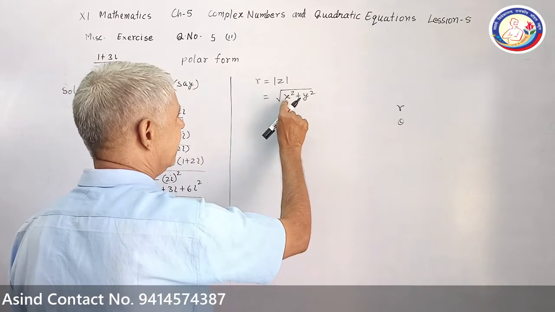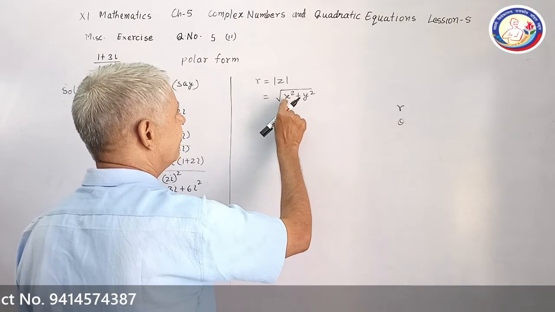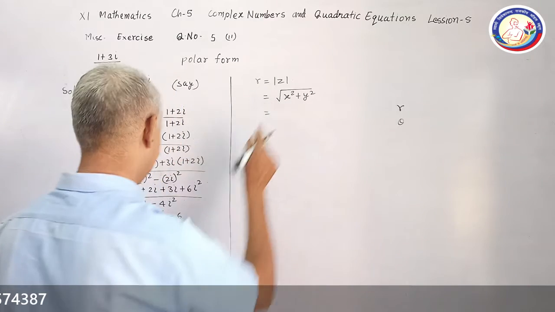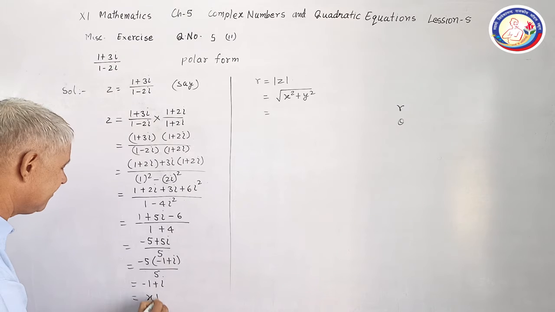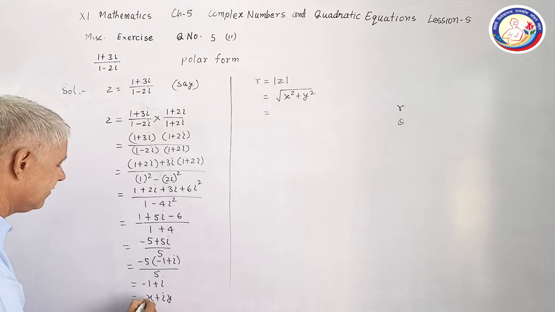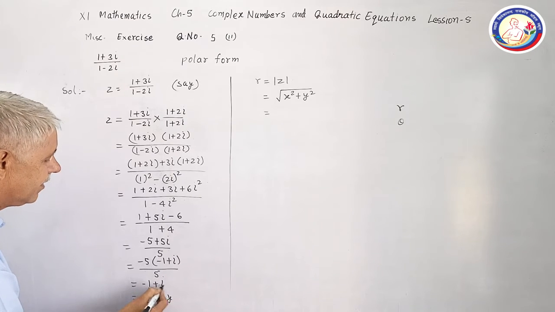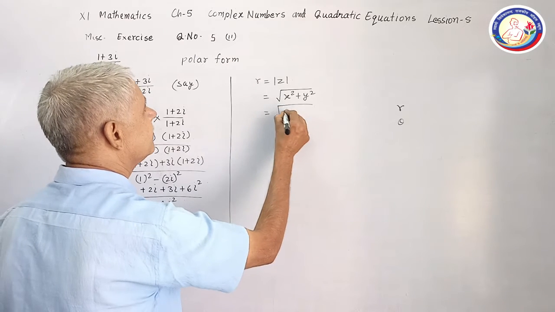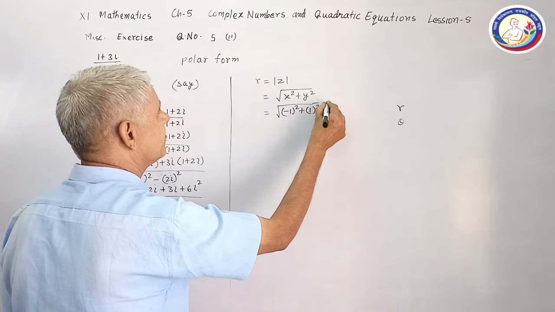If the number is x plus iota y, then the modulus will be given by this term. So put here in place of x, in comparison with x plus iota y, x is minus 1 and y is 1 here. Square of minus 1 plus square of 1.